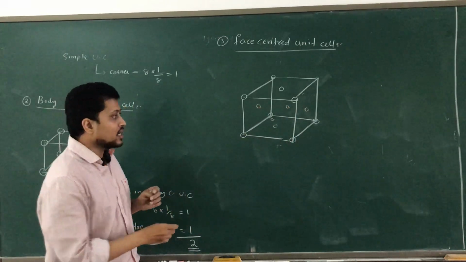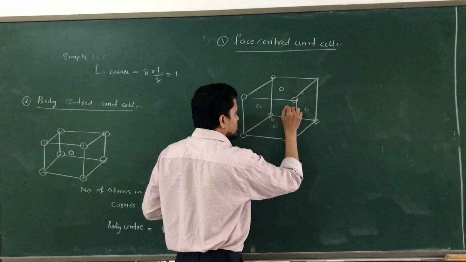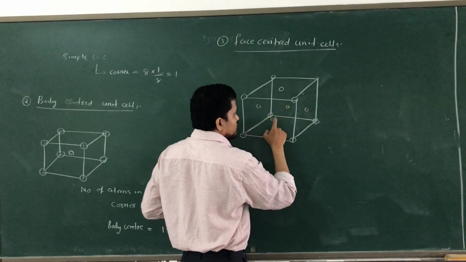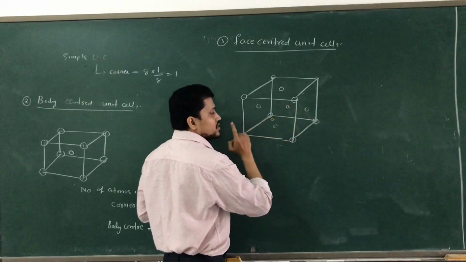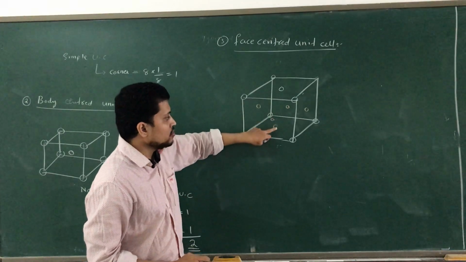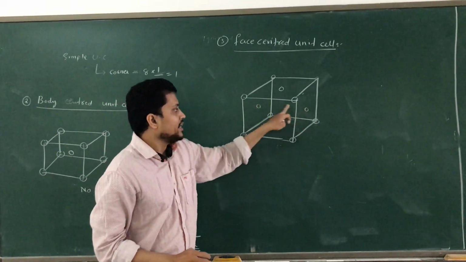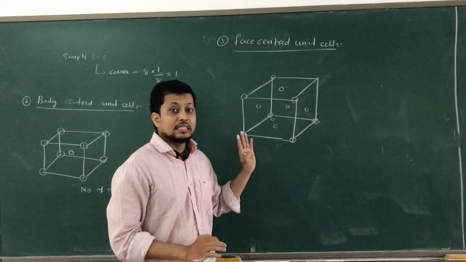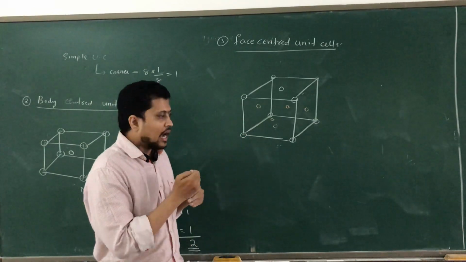So how many atoms totally we are getting? 1, 2, 3, 4, 5, 6. Total 6 atoms. 2 up and down, 2 sides, and front and back 2. So total 6 face atoms we have.